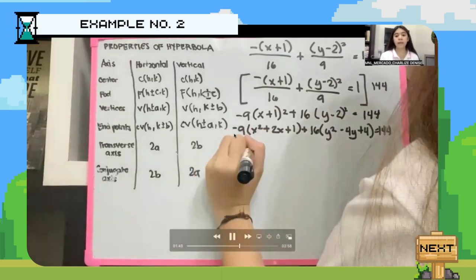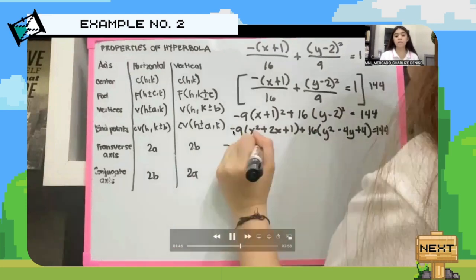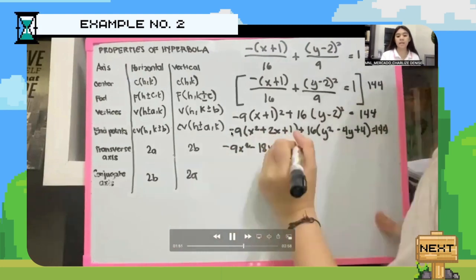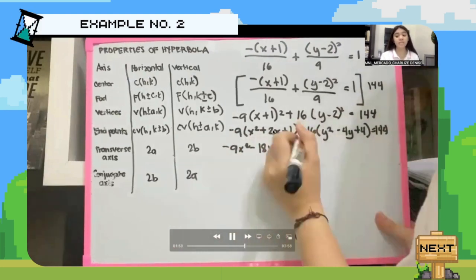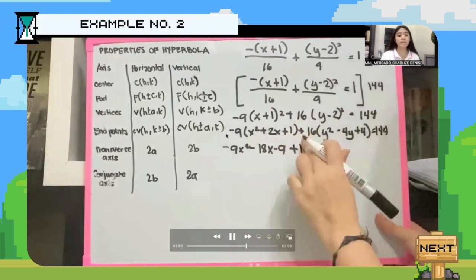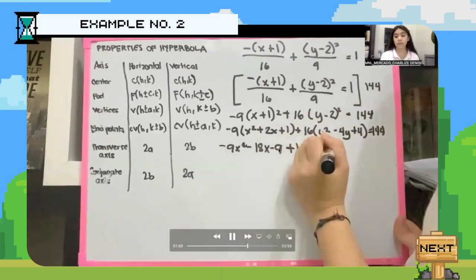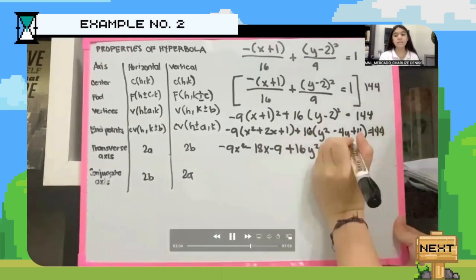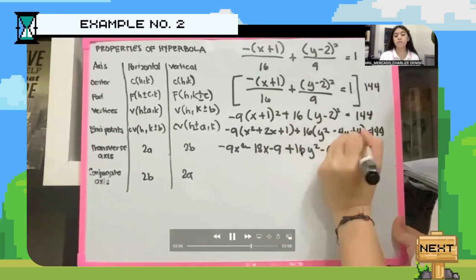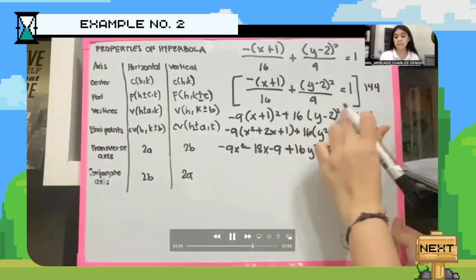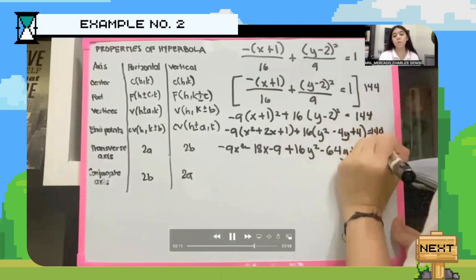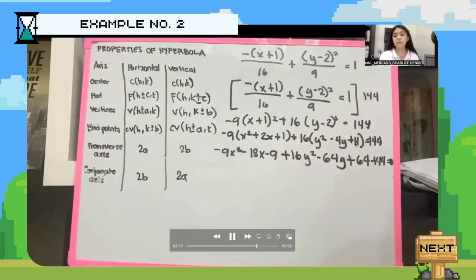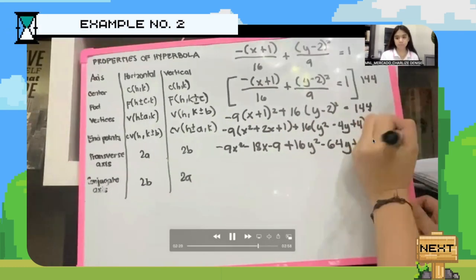Then we will multiply this negative 9 to x squared, so the answer will be negative 9x squared. Negative 9 times positive 2x is negative 18x, and negative 9 times 1 is negative 9. 16 times positive y squared is equal to 16y squared. 16 times negative 4y will be negative 64y, and 16 times positive 4 is positive 64.